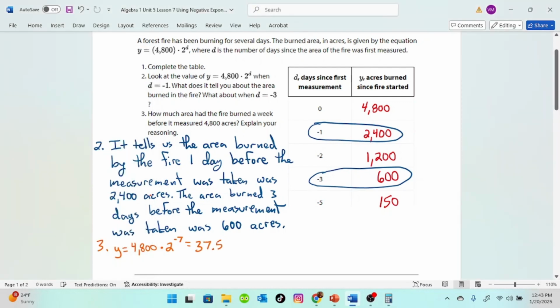So that's 37.5 acres had burned 1 week before the measurement.